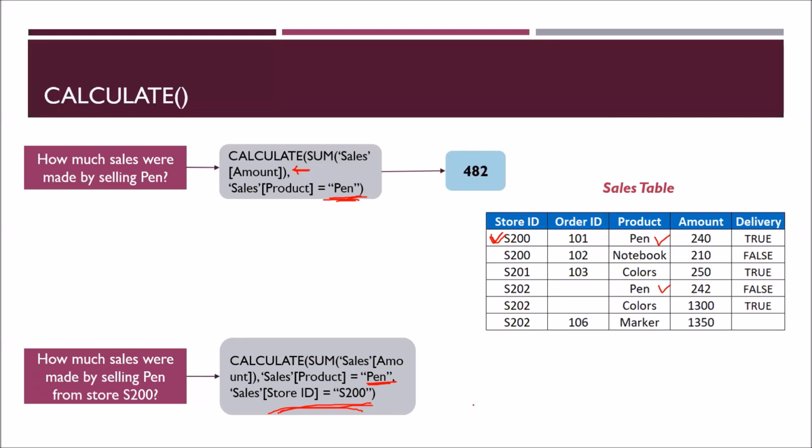In this case, only the first row satisfies both the conditions, hence the output will be 240. One thing to keep in mind when using CALCULATE is that the filters are evaluated first and then the expression, because CALCULATE uses a filter context.